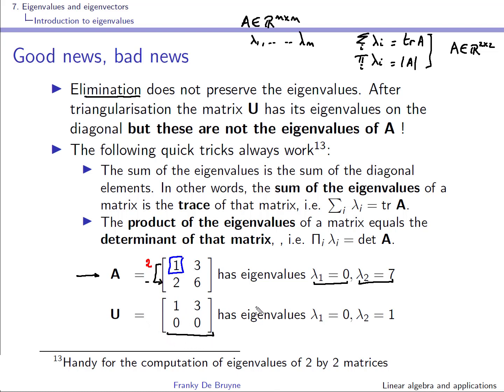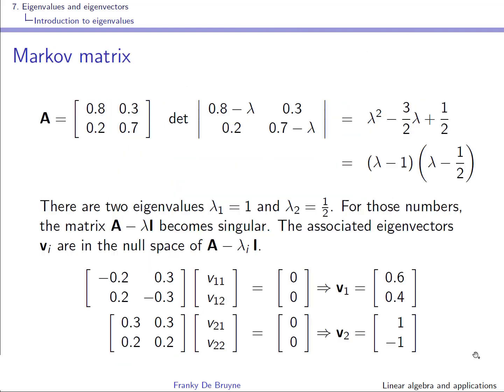Obviously it will have an eigenvalue which is 0, but the other eigenvalue must be 1. You know that the sum of the eigenvalues is the trace. The trace is 1 over here, so the second eigenvalue is 1. So you see that when you do elimination on a matrix, the eigenvalues are not preserved.